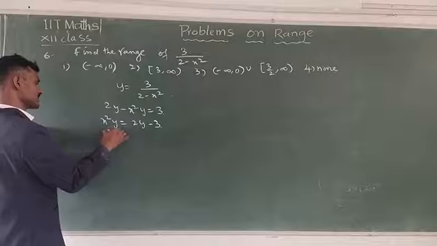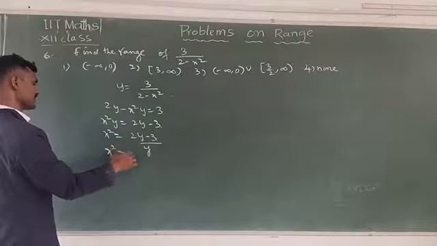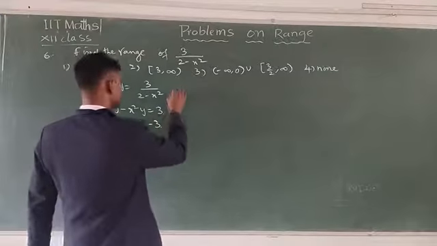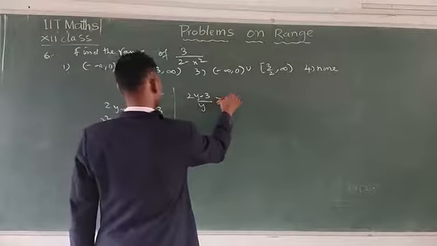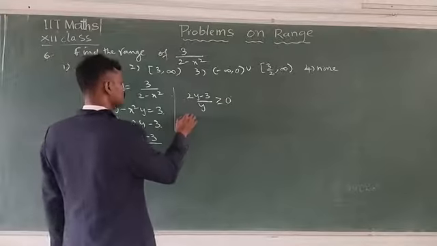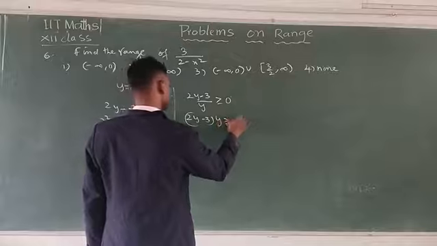Now here x square is equal to (2y minus 3) by y. Here x square is greater than or equal to 0. Greater than or equal to 0 means (2y minus 3) by y is greater than or equal to 0. Then you can multiply by y on either side. Then here (2y minus 3) into y is greater than or equal to 0.